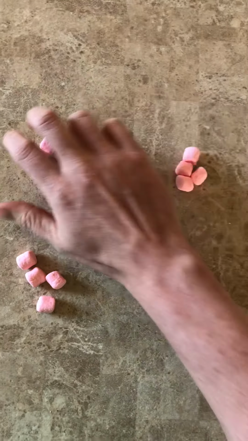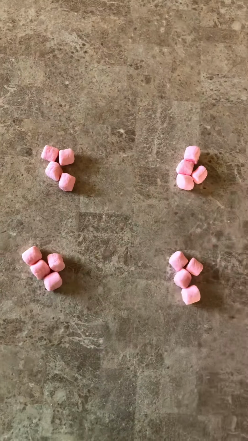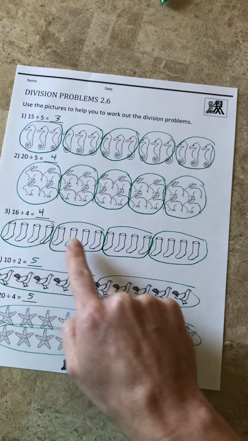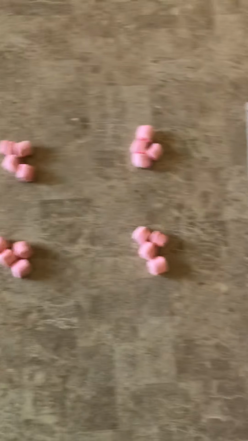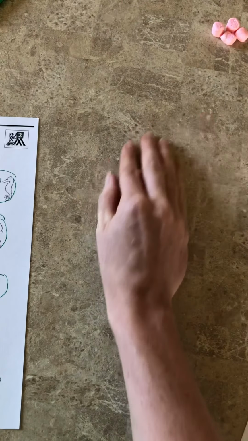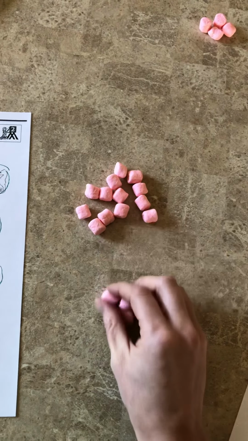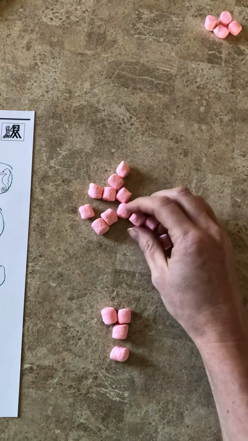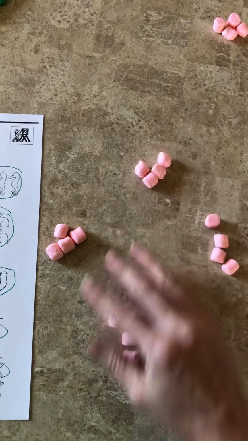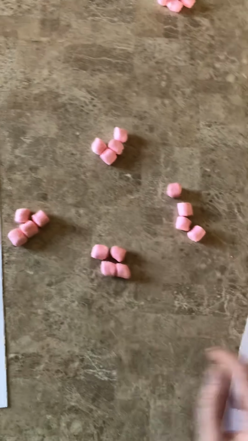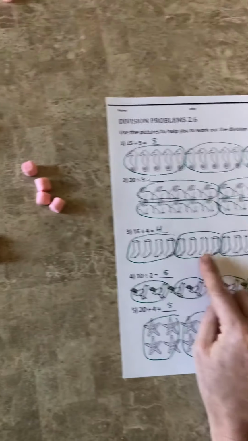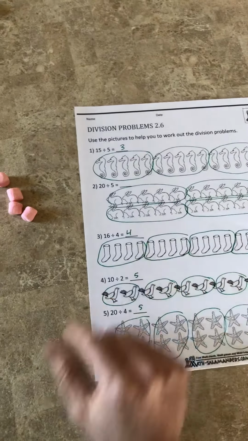So there I have 4 groups with 4 in each group. 16 divided by 4 is 4, 4 in each group. Or I could think of it as groups of 4, which in this case would give me the exact same picture. And that is because we have 2 4s here, right?